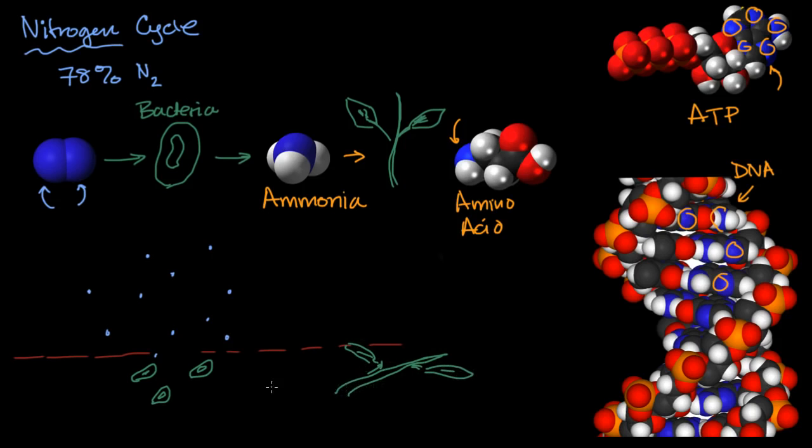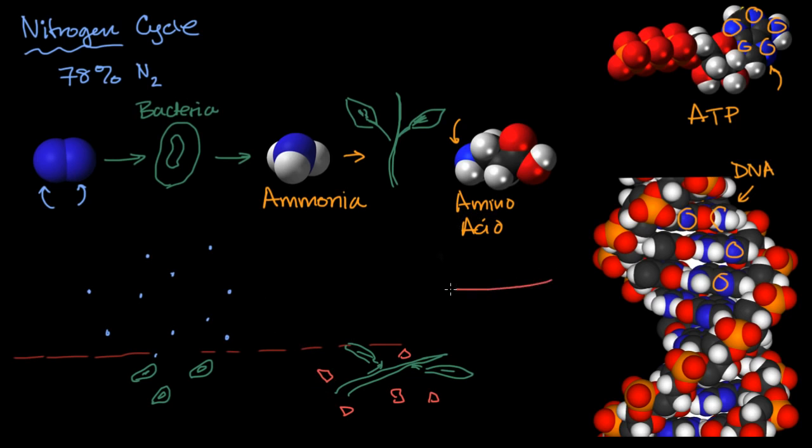And when it gets decomposed, and there are many different types of bacteria, even though I might draw them looking kind of the same. Let's say this is another bacteria in orange. As these bacteria digest these plants, they could take some of the nitrogen and break them down into nitrites and nitrates. These are molecules involving a nitrogen bonded to 2 or 3 oxygens. And they could take them back to ammonia.